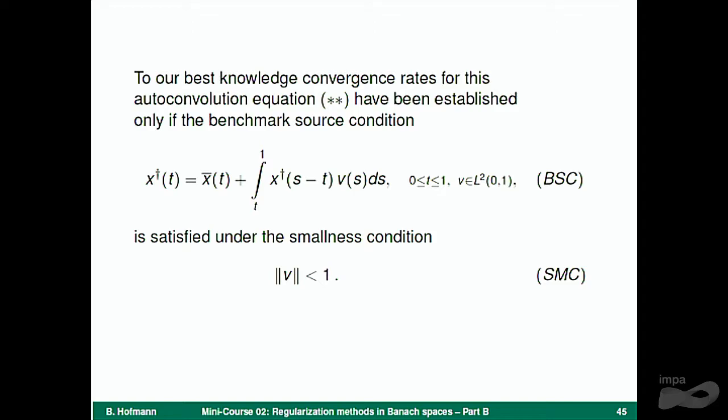So if you look at this and say, okay, this V with this moment defines an operator, then finding x dagger here is nothing but a fixed point problem. You have a fixed point problem, and the operator has the property by this V equals 1, that Banach's fixed point theorem applies.